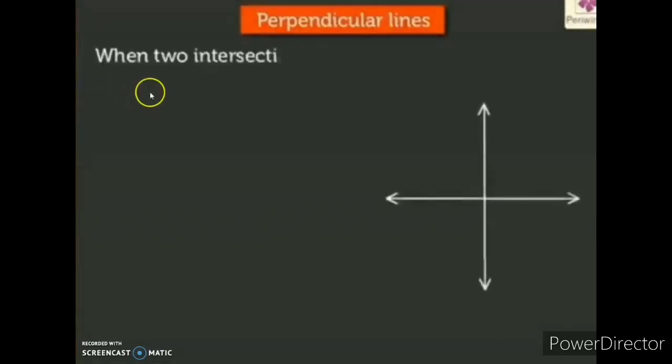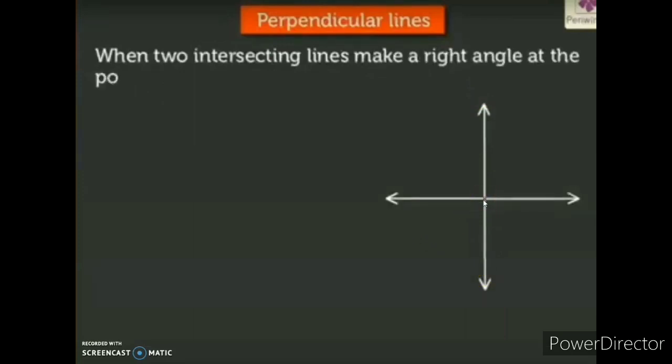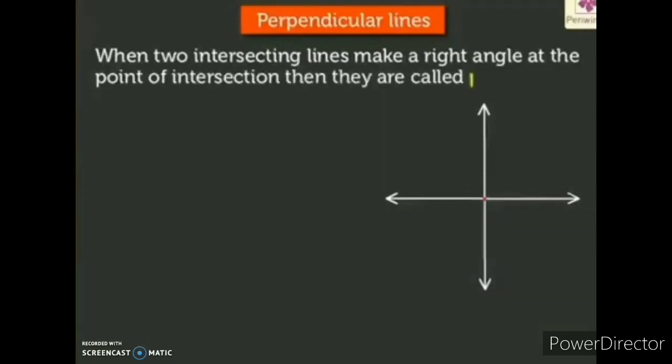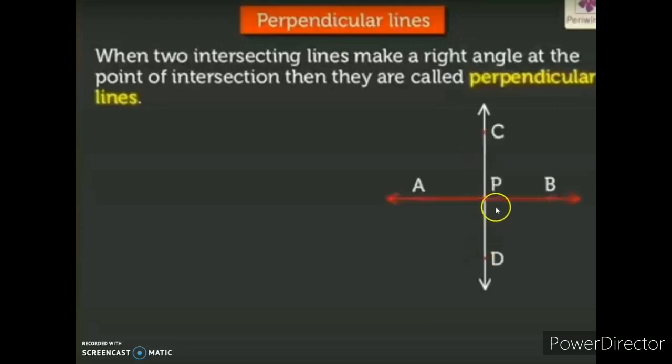Next is your children perpendicular lines. So when two intersecting lines make a right angle at the point of intersection, then they are called perpendicular lines. So these two lines are making a right angle at the point of intersection. Got it, children? You can see at point P, all are meeting, angle APC and angle BPC, all are 90 degree.